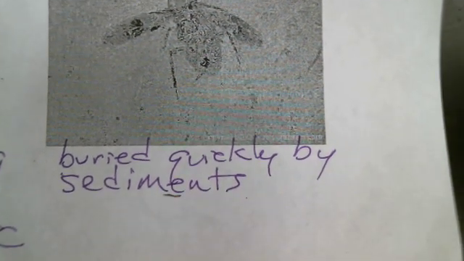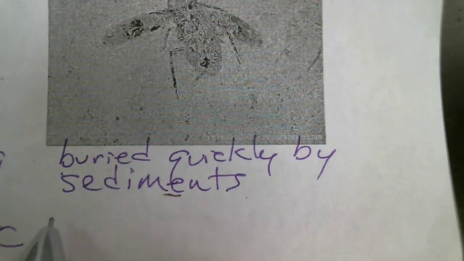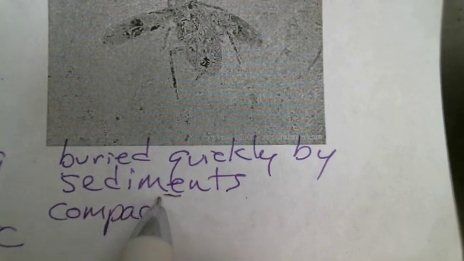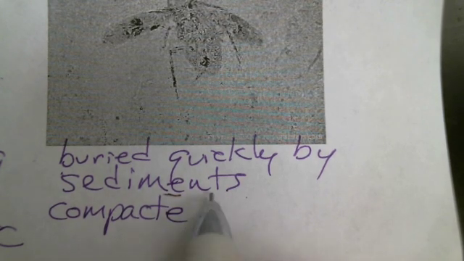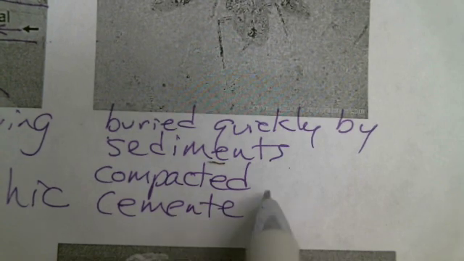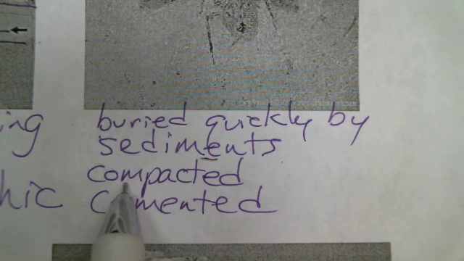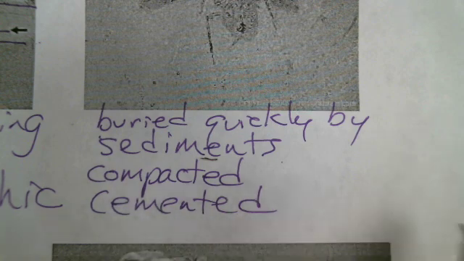But since it is buried by sediments, it then has to be compacted, which means squeezed together, and cemented, glued together in some way. The process is called cementation, and the act of compacting it is compaction.